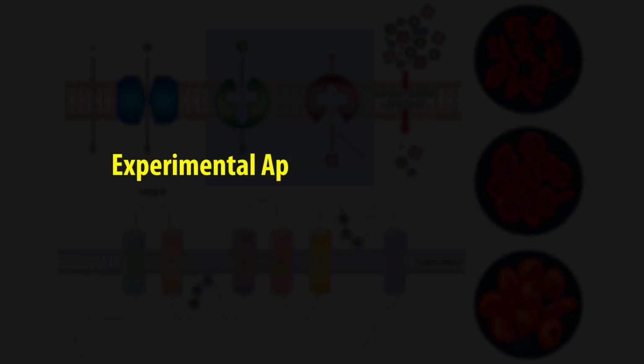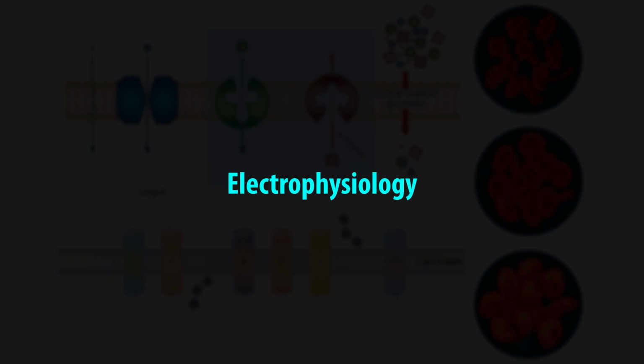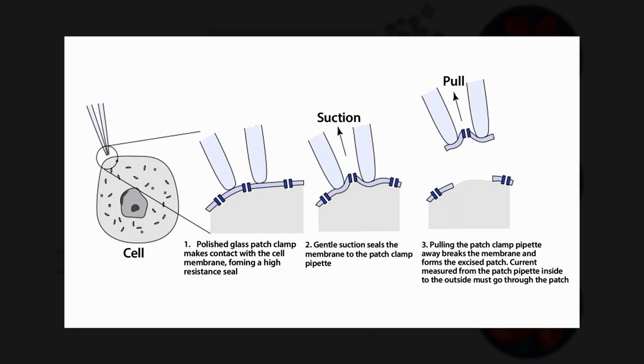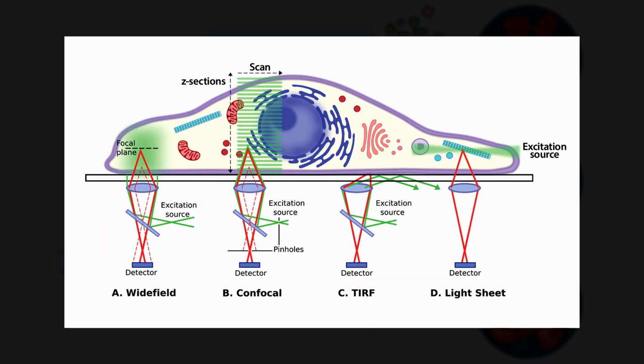Dear students, let's have a look at experimental approaches in membrane transport studies. The first one is electrophysiology, in which the patch clamp technique is used to study ion channel activity. The second is imaging, in which fluorescent dyes like Fura-2 for calcium are used, and confocal and super resolution microscopy are used for transport dynamics.